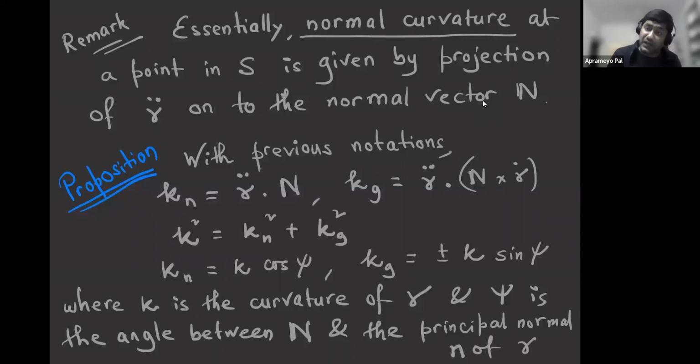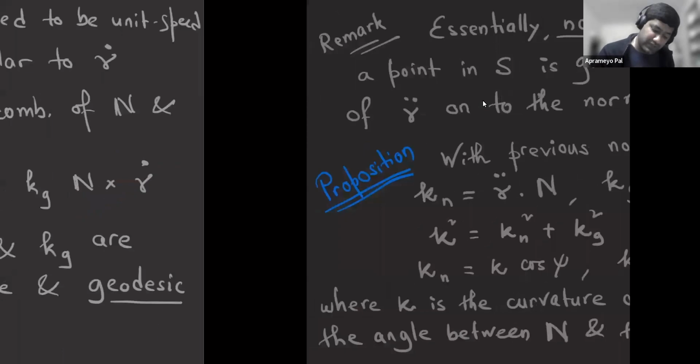So when you have a curve, then also you have a small n, right? That's the principal normal. You take t prime divided by norm t, if t is the tangent vector. You have defined this already, and we have also used this in the motivation for the curve. And so this n and this small n, essentially you get it from here.